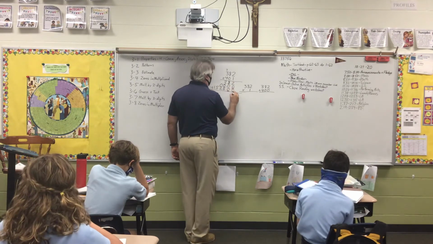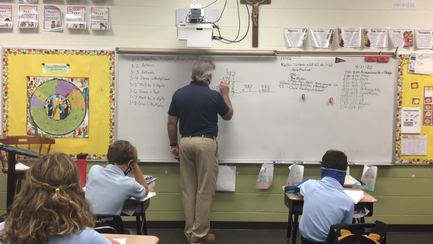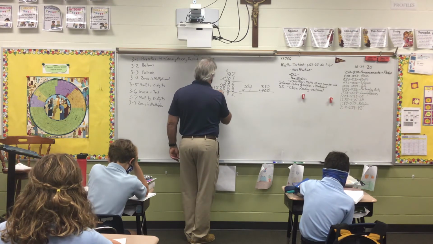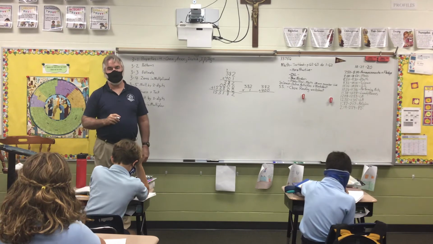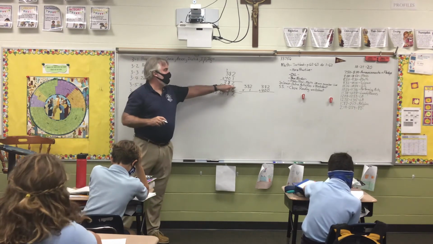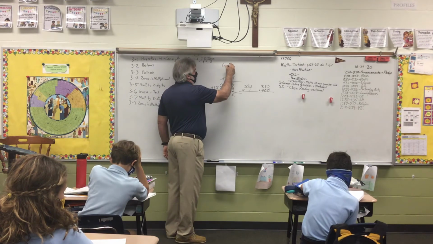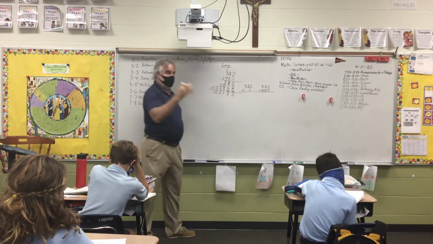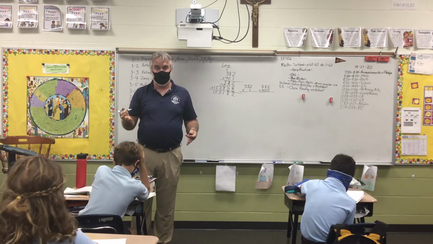And add. We got 2, 8, 11, 3, 15. Now, there is a row in the middle. This is the long way. Okay? Which is fine. You can do it that way.